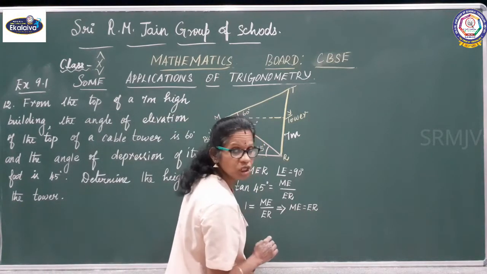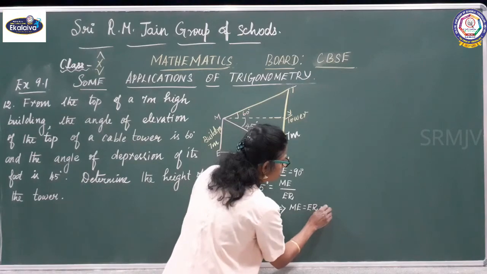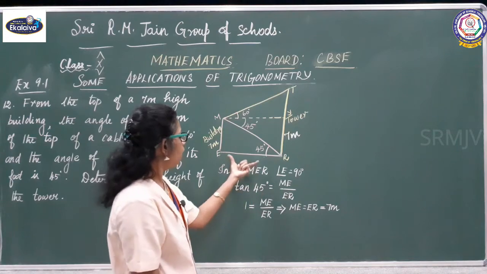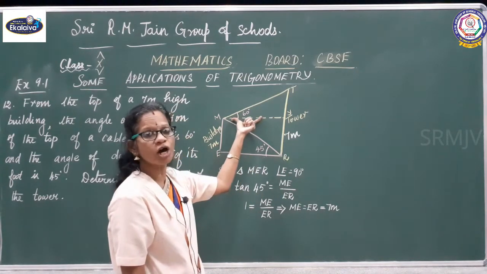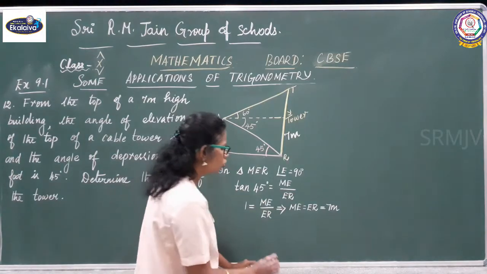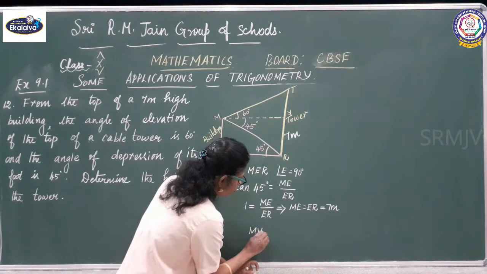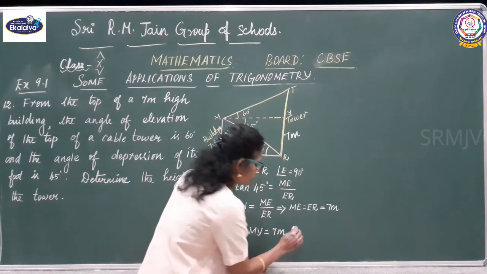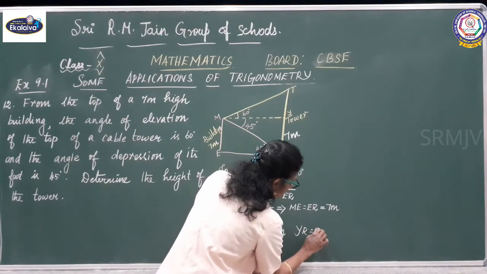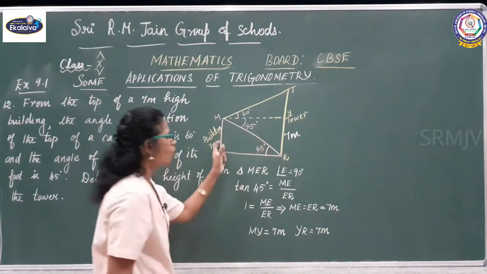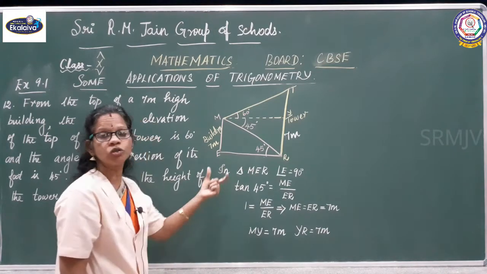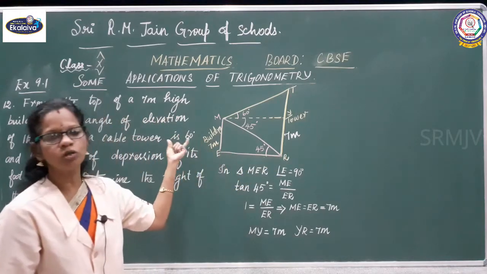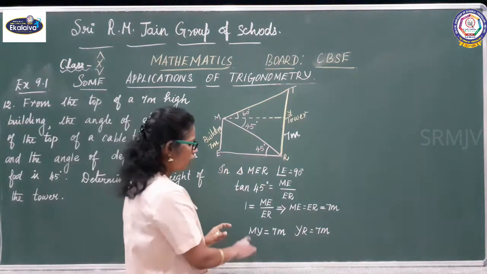That means ER is also 7. ER is 7 means MY is also 7. MY equal to 7 meter, YR equal to 7 meter. Got it? Opposite sides are equal. Now it looks like a square, M, Y, R, E. Got it, children? Everything we got.